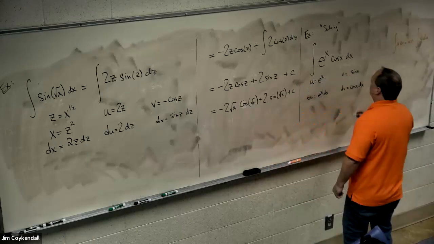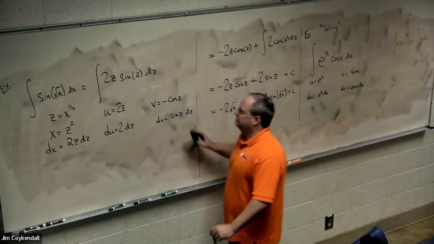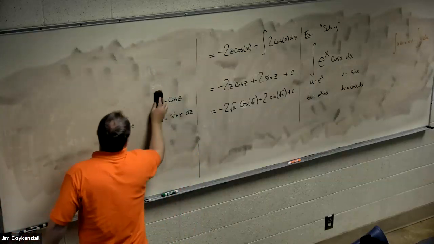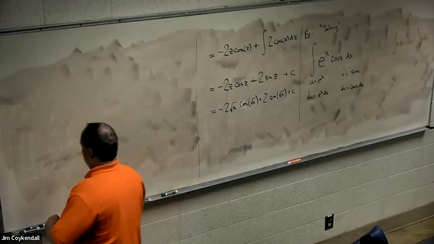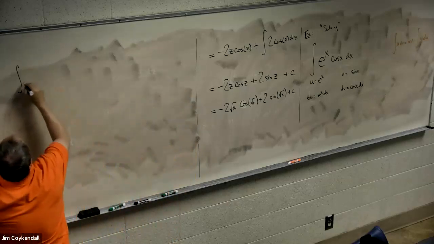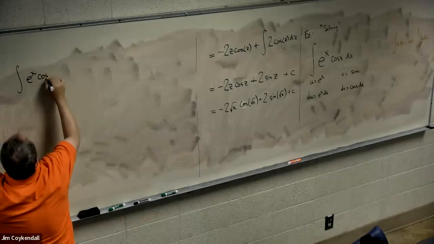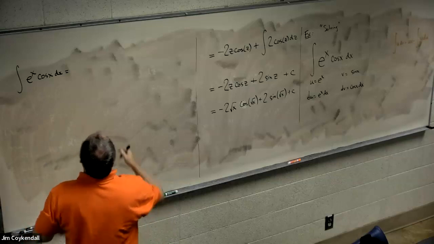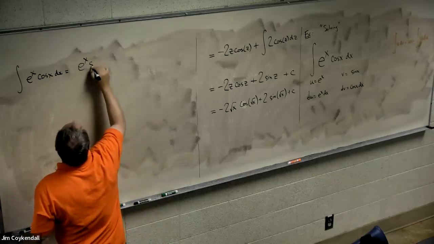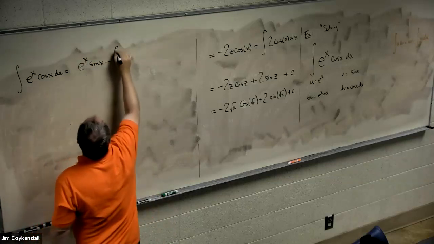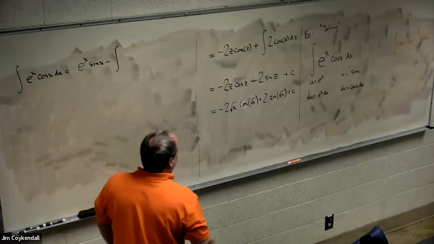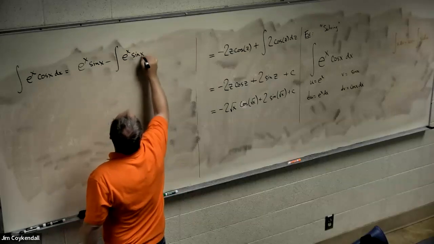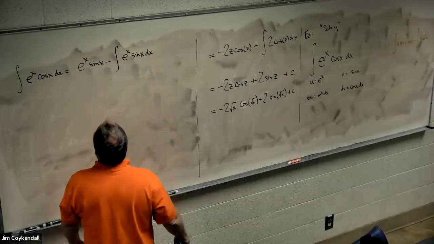And so this immediately becomes, according to my parts formula, e to the x sine x minus the integral of e to the x sine x dx.